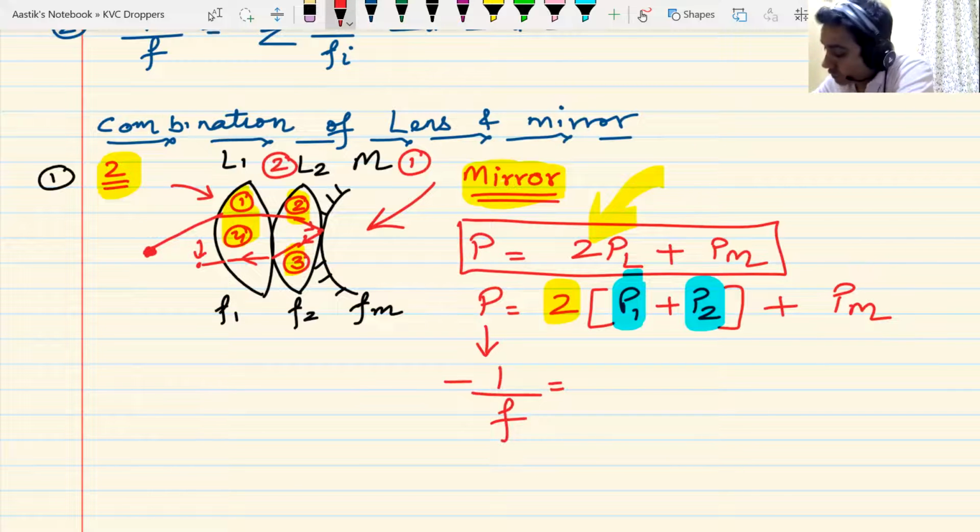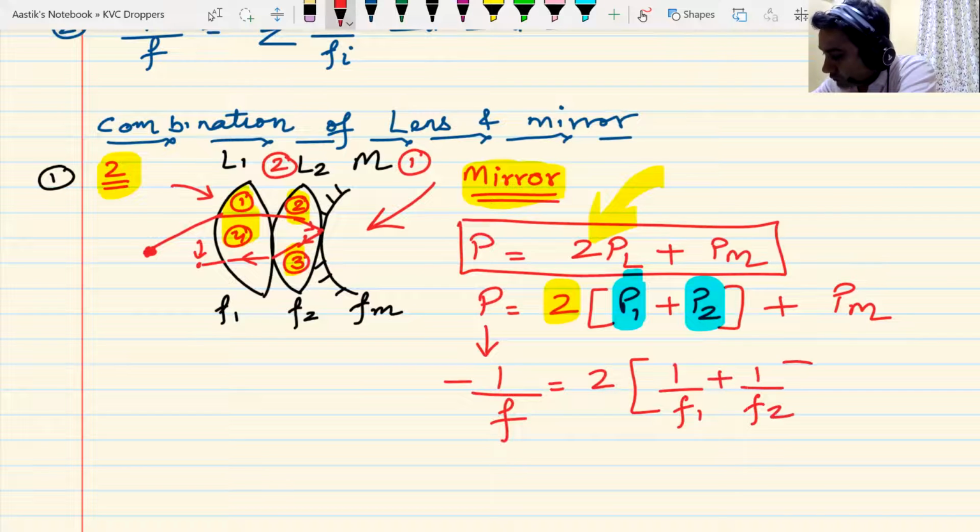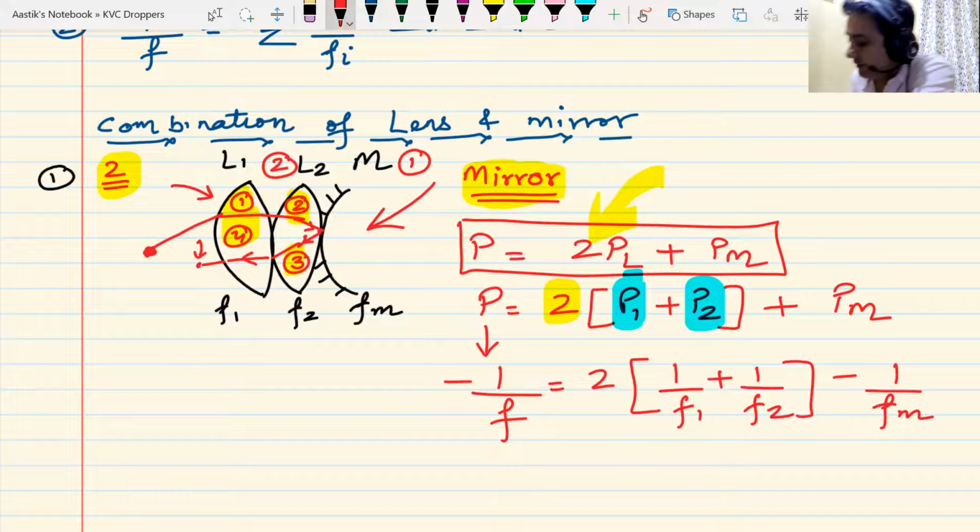That will be equal to 2 times (1 by f1 plus 1 by f2) minus 1 by fm. Do you understand how I'm getting this? Yes, sir. I've just put in the formula of power of the mirror and power of the lens. If I solve this, I will get the formula for 1 by f. 1 by f will be equal to what?